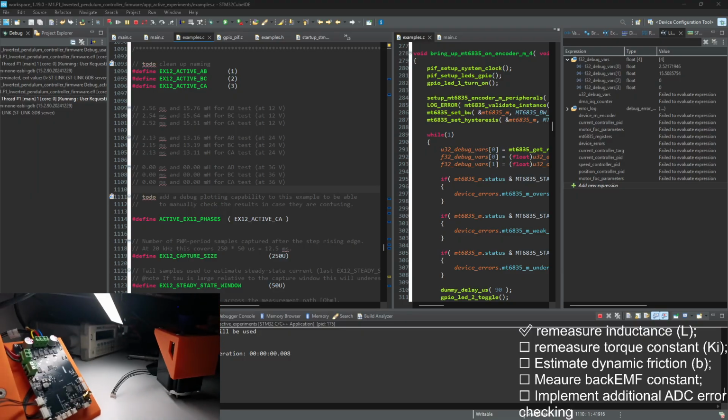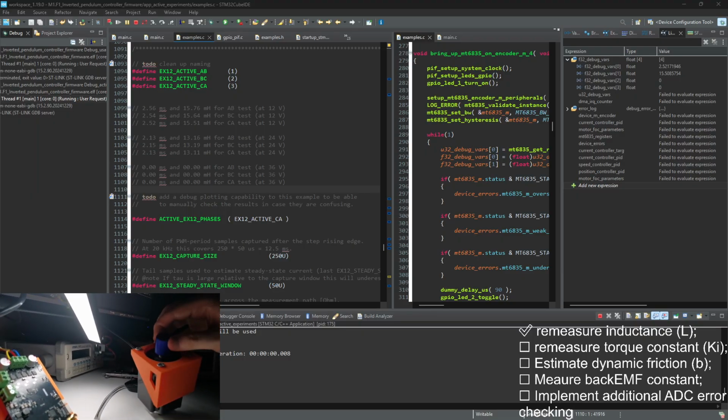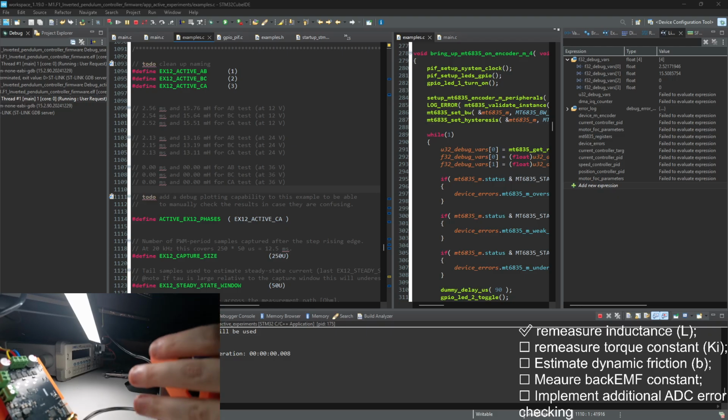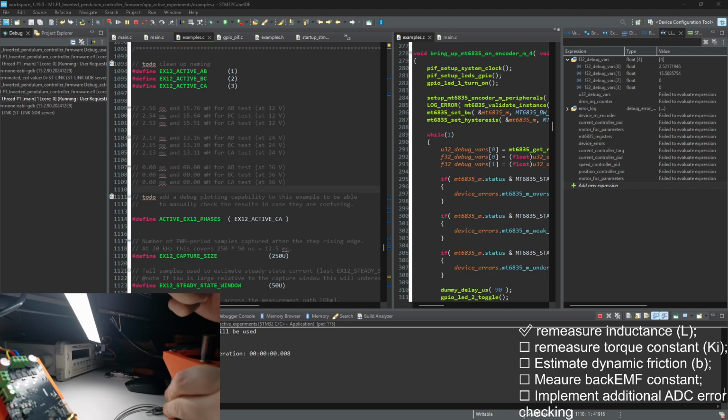And I will need to prepare the motor properly. Okay. We need to remove this cap. Oh, it's stuck. Okay. Unstuck. And where is my test cap? It's here.